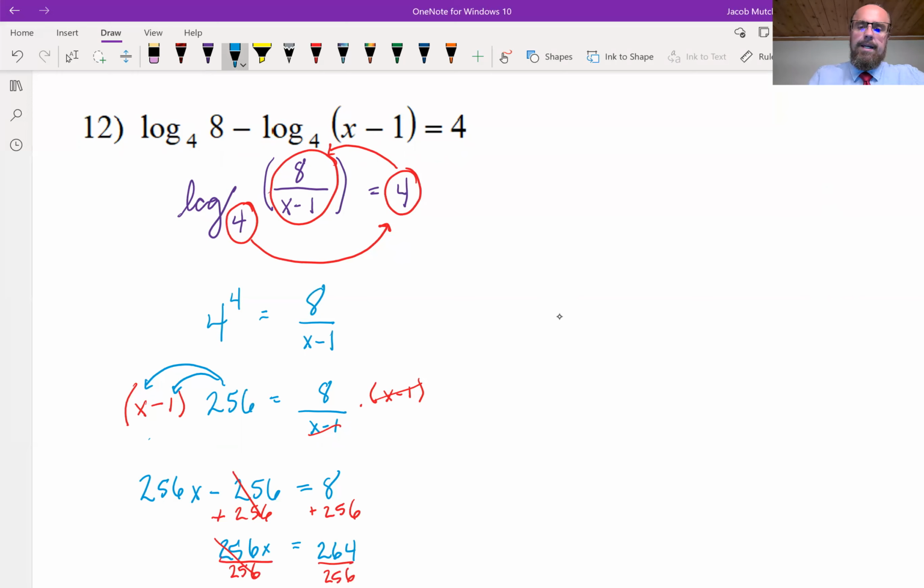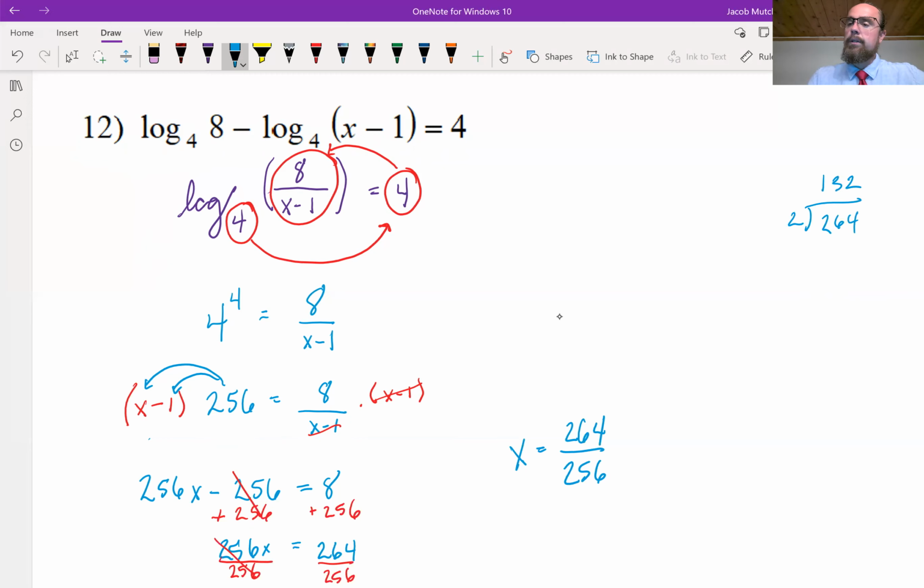And that gives me x equals 264 over 256. And definitely we can reduce that fraction. Both of those numbers share a factor of 2, so let's divide out a 2. 264 divided in half is going to give us 132.